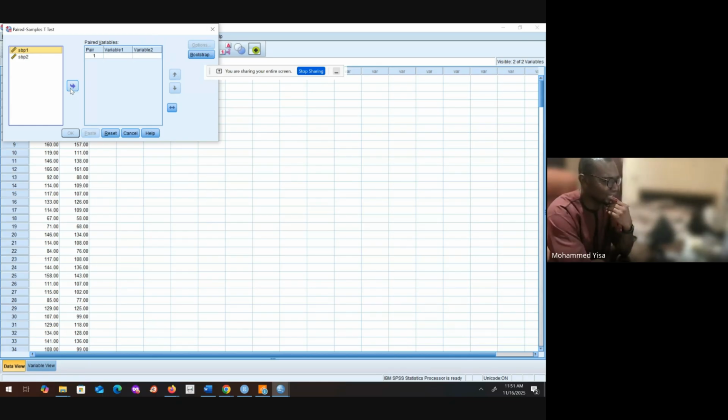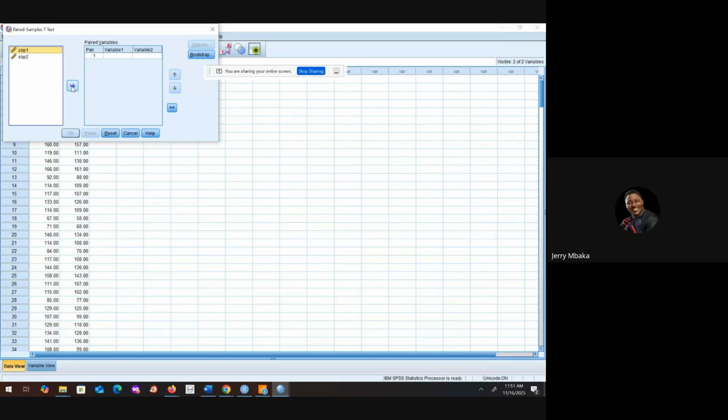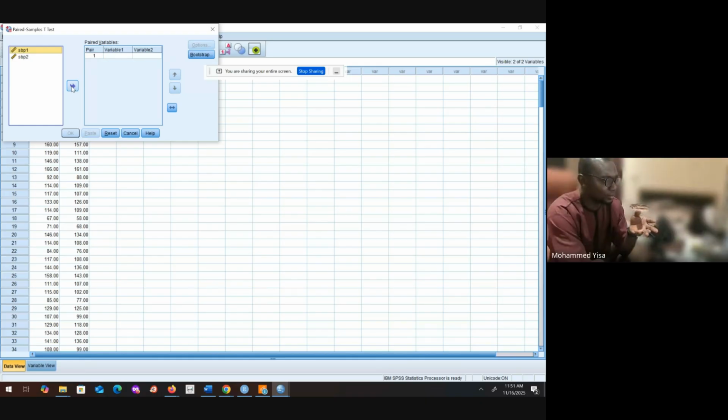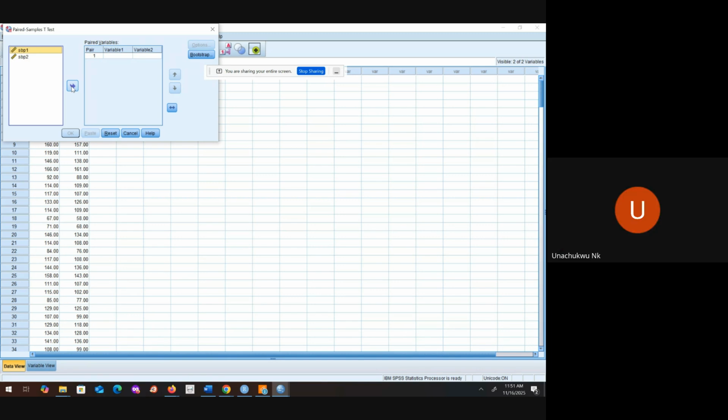I can still see. What are you seeing now? We can see that we have selected both variables. Okay, I've removed them. Now select them. And then the second one. Okay.